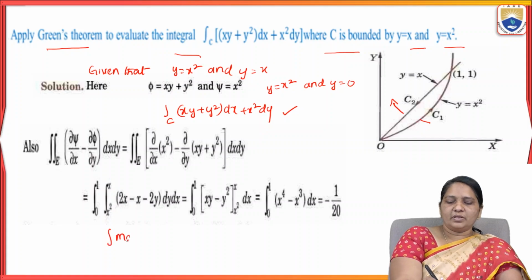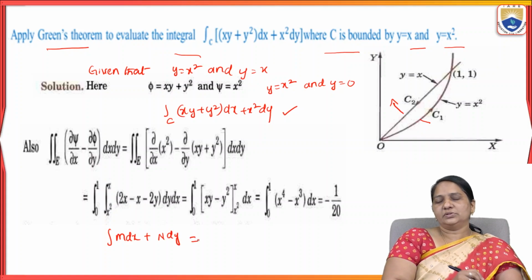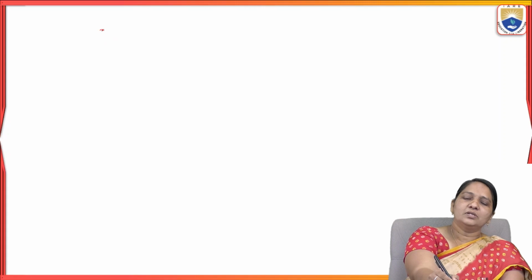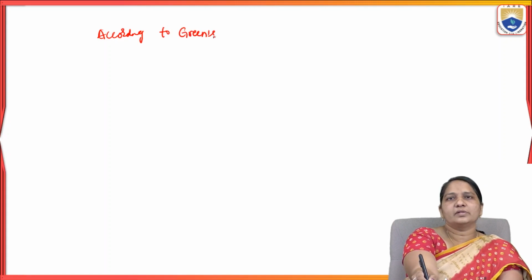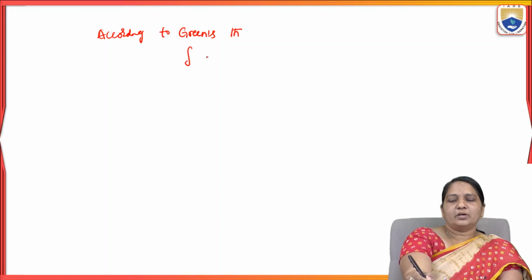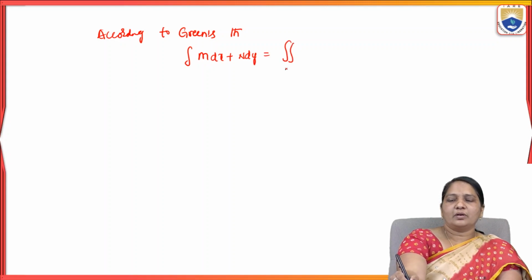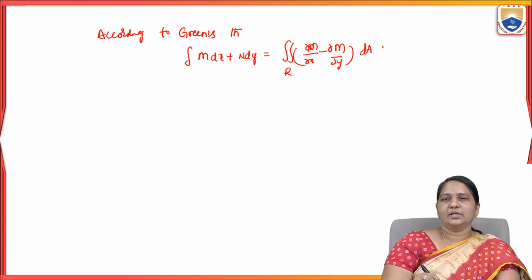According to Green's theorem, integral over c of m dx plus n dy is equal to the double integral over r of dou n by dou x minus dou m by dou y into dA. This is the statement.